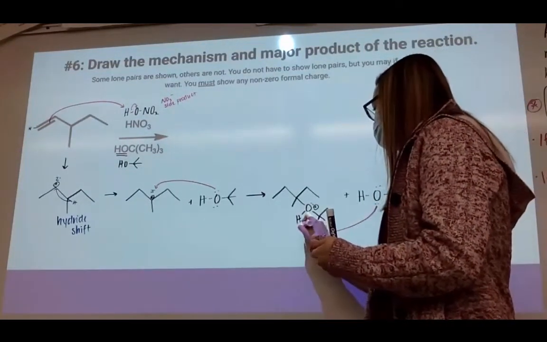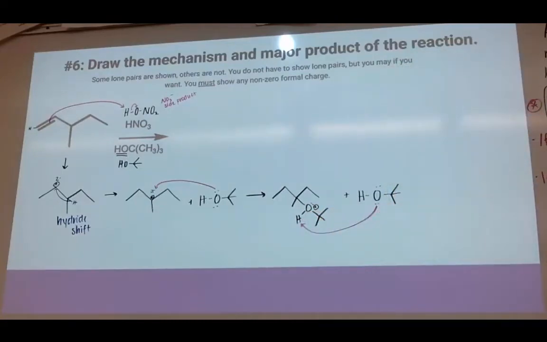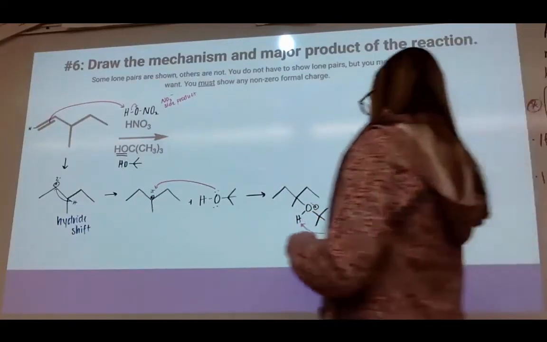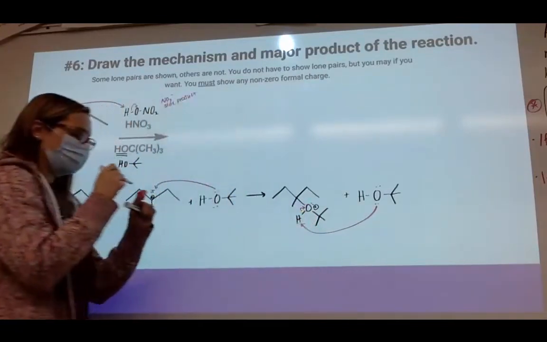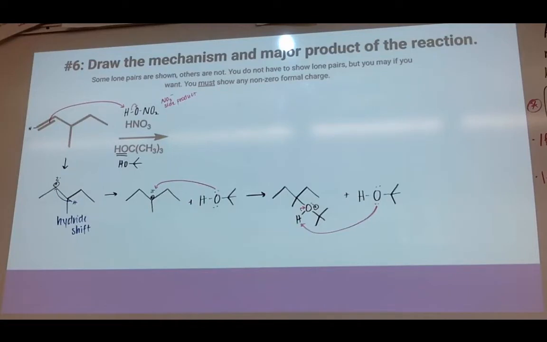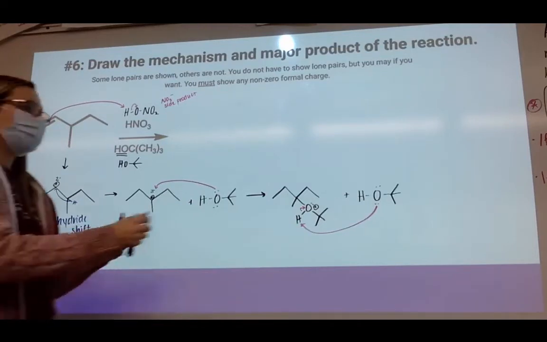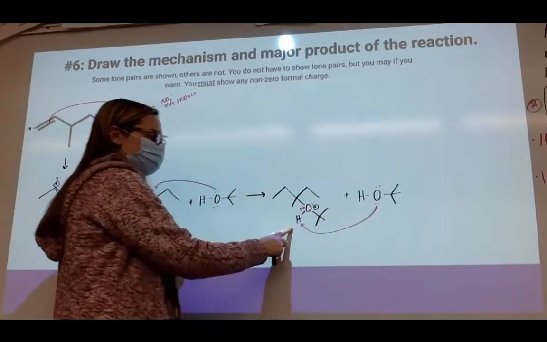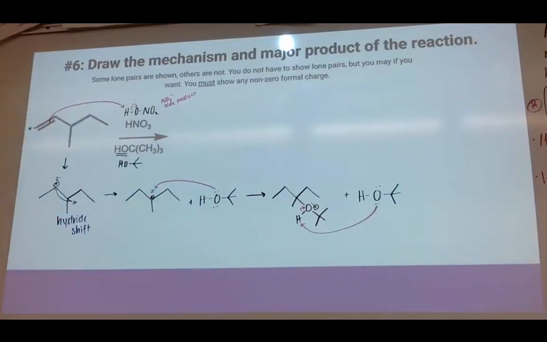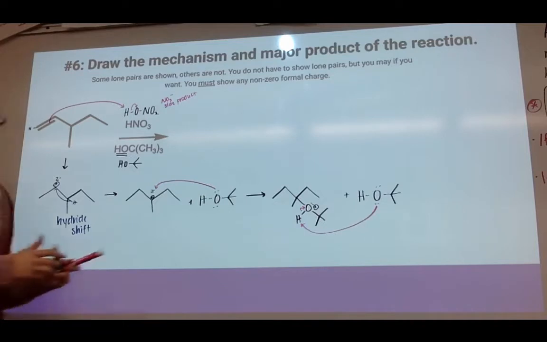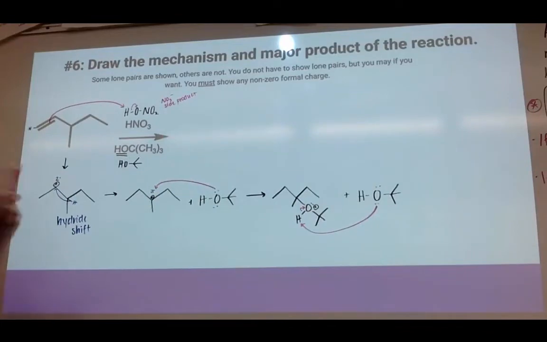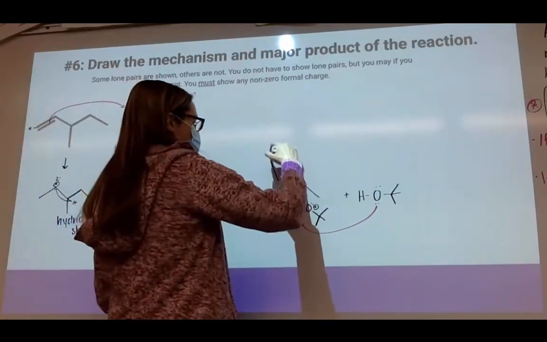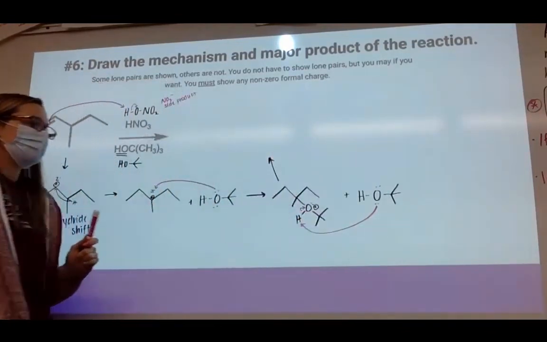So these lone pairs are actually going to attack the hydrogen, and then the electrons from the bond are going to go directly to the oxygen. Now again, when this alcohol attacks this hydrogen, you're going to get an additional side product. We are not concerned about the side product that is forming from this alcohol picking up an extra hydrogen. What we are going to look at is what this product becomes.